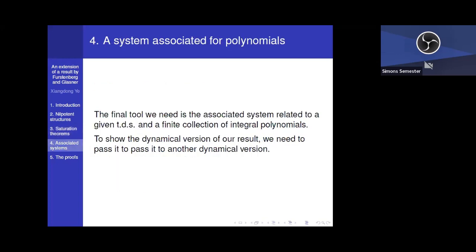Okay, I have stated the results. The final tool we need is the associated system related to a given topological dynamics and a finite collection of integral polynomials. So we pass our system to a very large system.